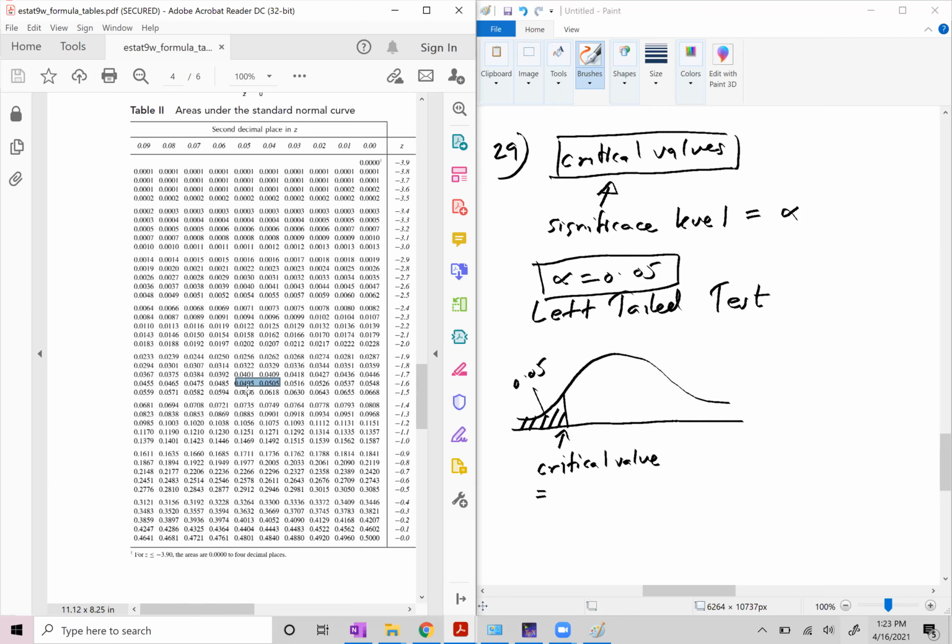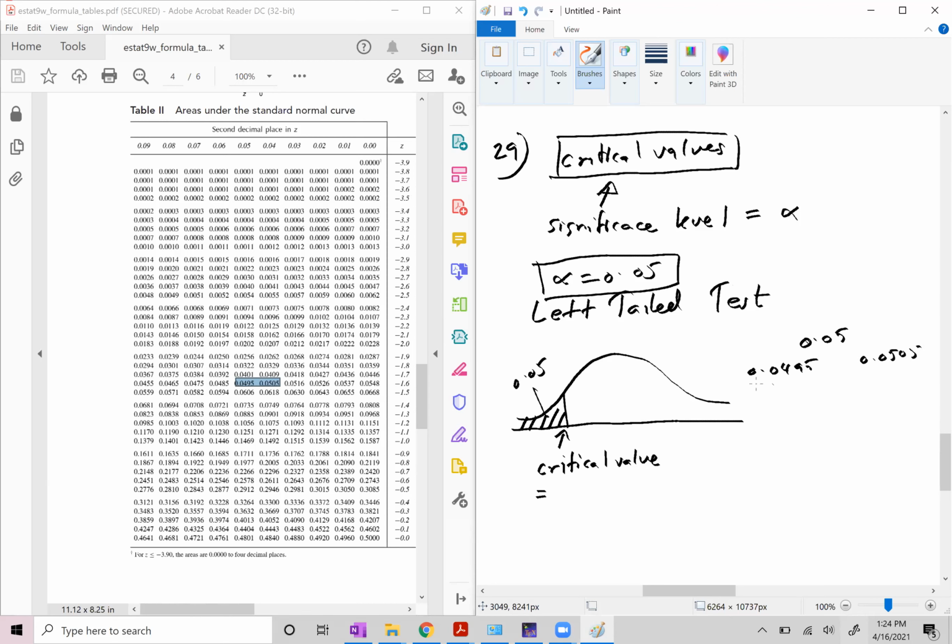I'm looking for 0.05. I cannot exactly find 0.05. Instead, I find 0.0495 and 0.0505. Normally I would pick the one that is closer to the value I need, but here there's a tie between these two. The gap is the same, so I cannot ignore any of these.